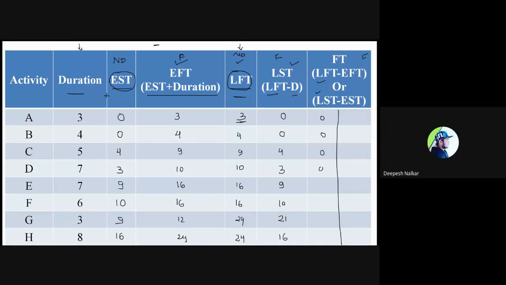Only the second last one is 12, for G activity. Here it is 12. 21 minus... So how does it come like this? Just cross check it once: 4, 9, 10, 16, 24. So everything will come 0.